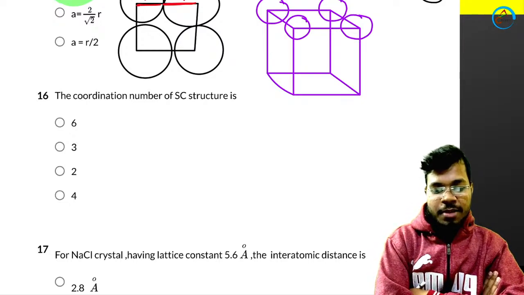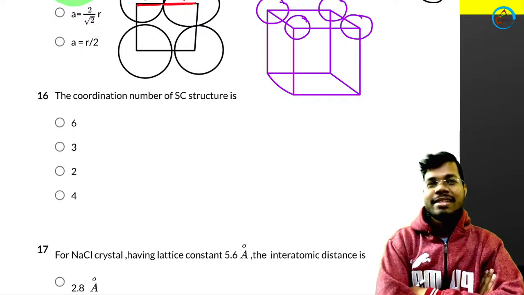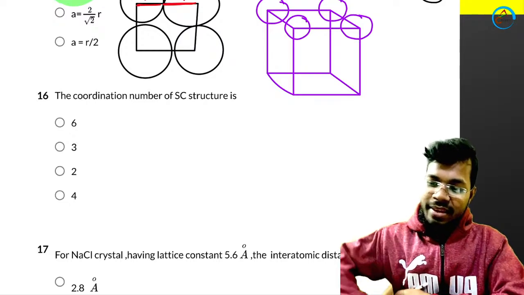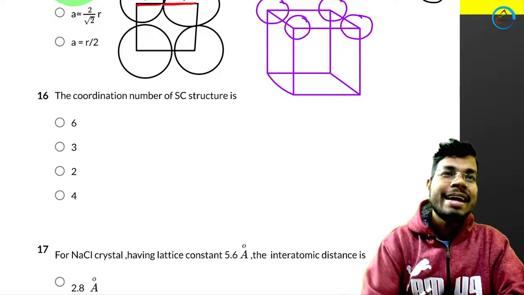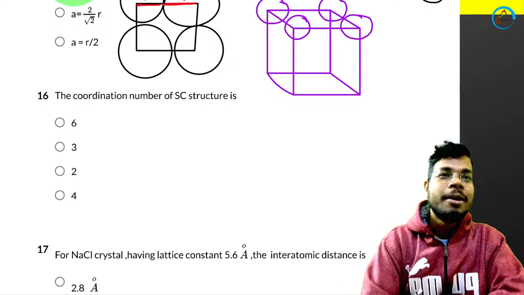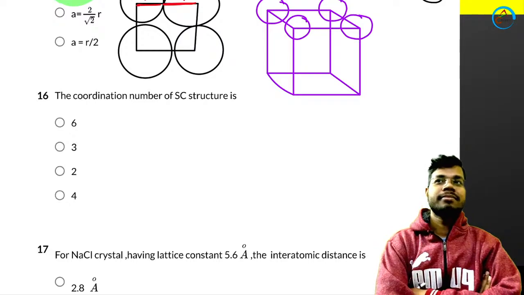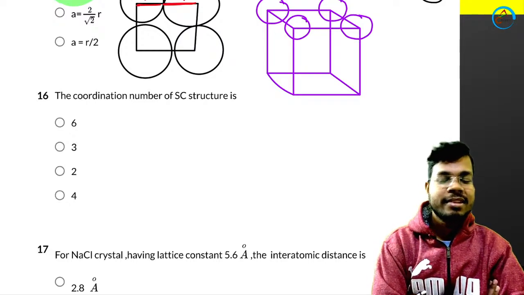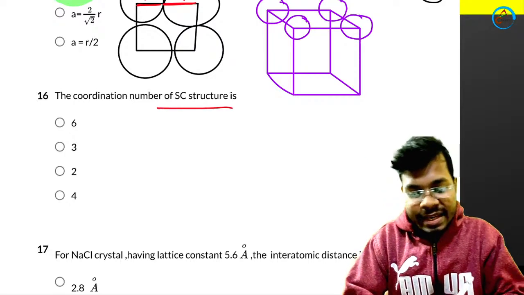So, coordination number of simple cubic. Okay, you are guessing, right? Okay, Prayojit says 6. Anybody else? SK says 6. Very good. The coordination number of a simple cubic is actually 6, not 4.